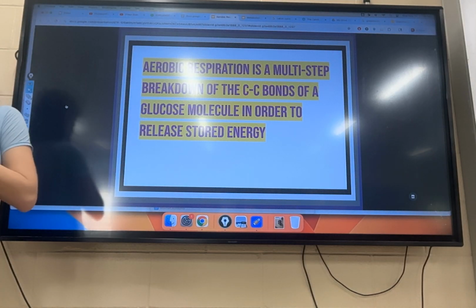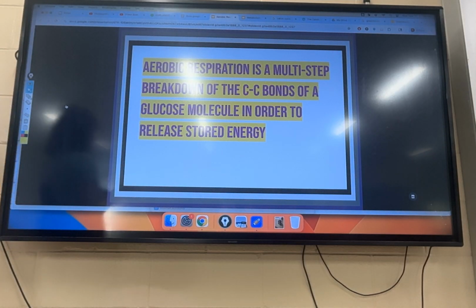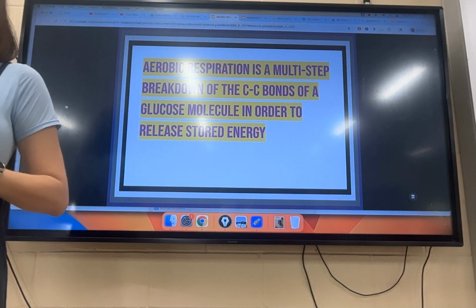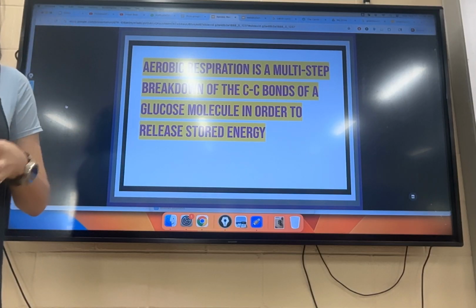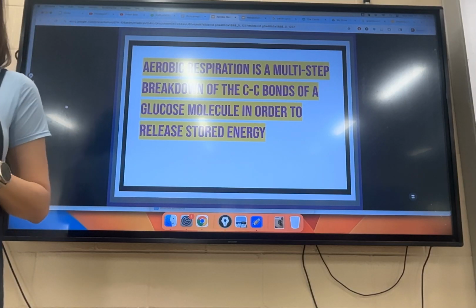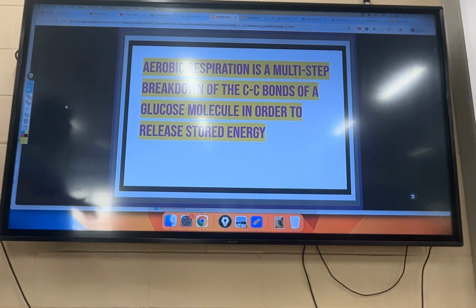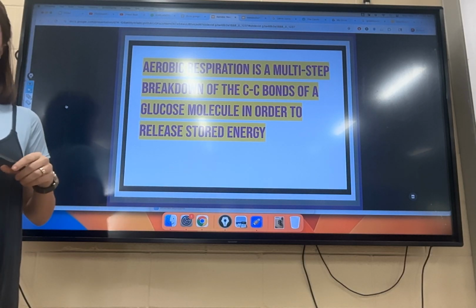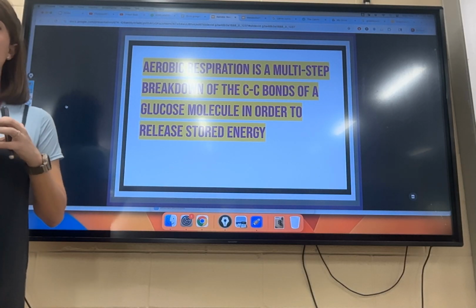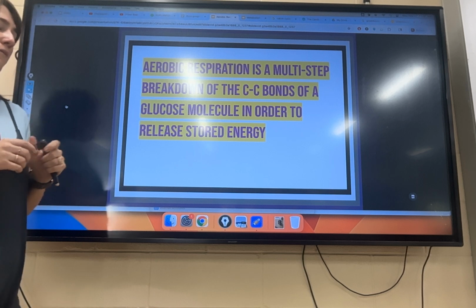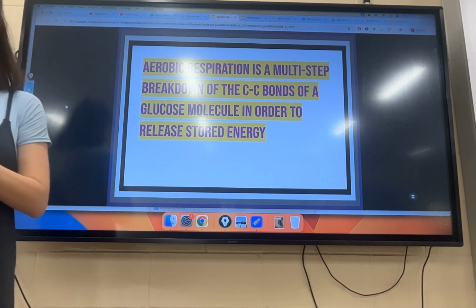Okay, so today we're going to focus on aerobic respiration. Aerobic respiration involves many steps. Not every single one of those steps is going to use oxygen, but the overall process does. So we call this overall process aerobic respiration. What we're doing in this process is breaking down glucose. We are breaking carbon-carbon bonds, and we are moving some energy into different molecules.